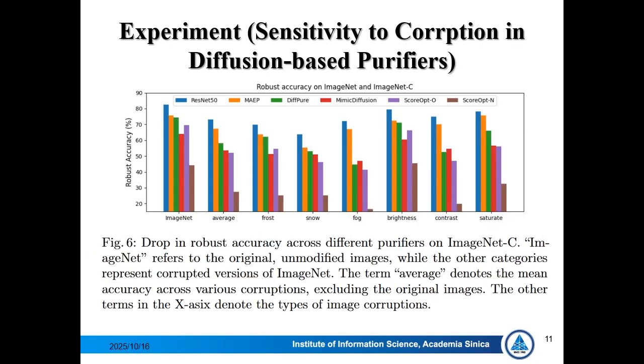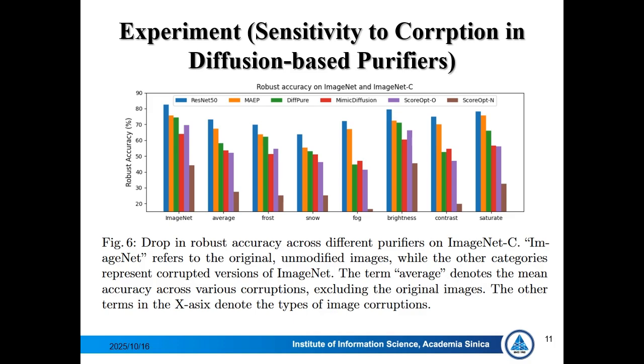In this experiment, we evaluate the effect of image corruption using ImageNet-A and ImageNet-C. In the figure, ImageNet-A represents the classification accuracy on the original images, while average refers to the mean accuracy across all corruption types.